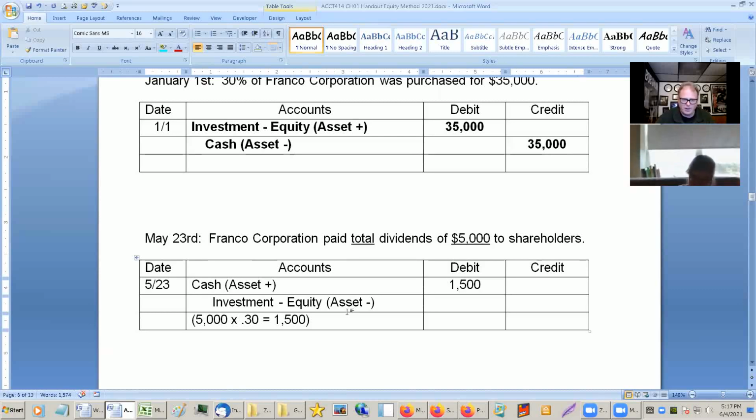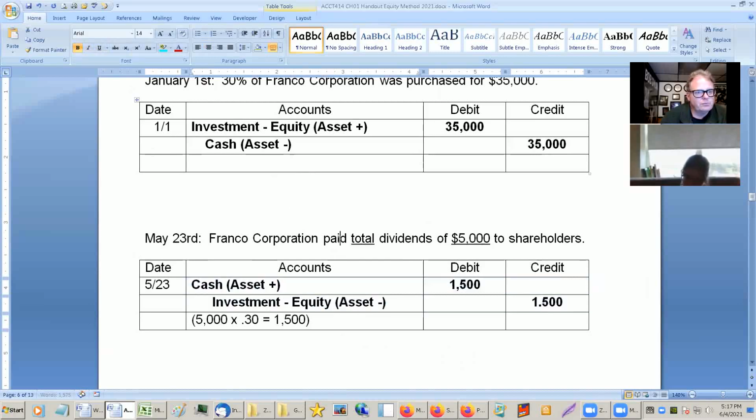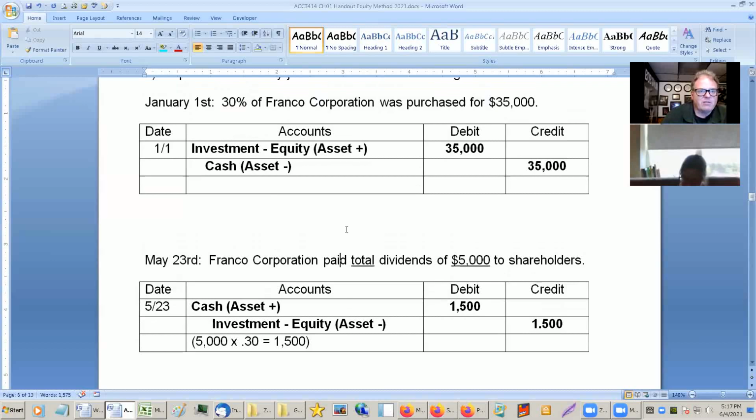So this will actually decrease the investment account.